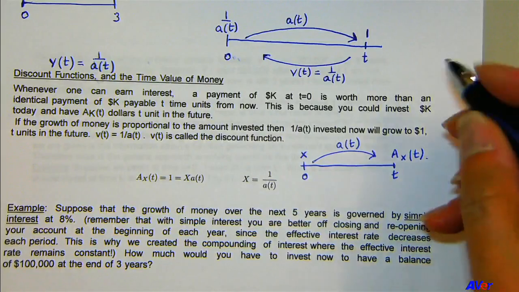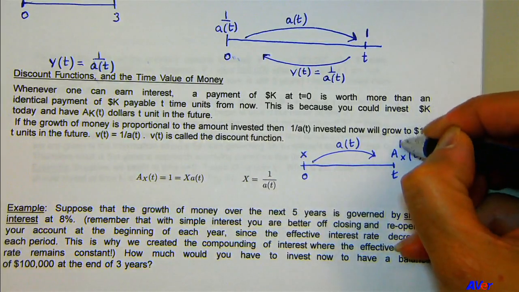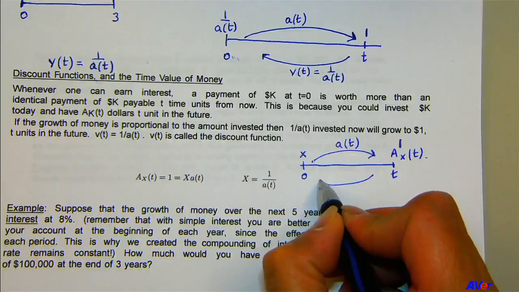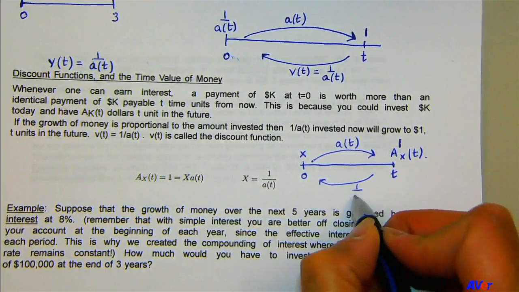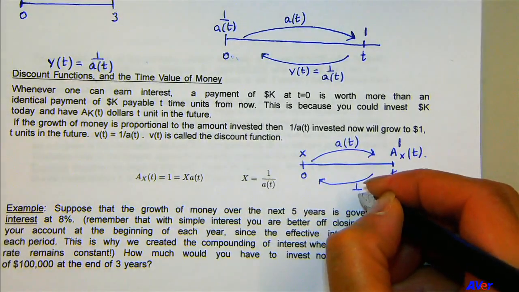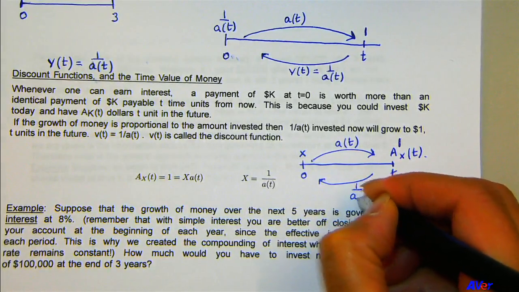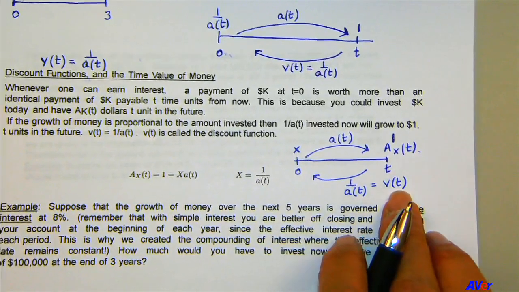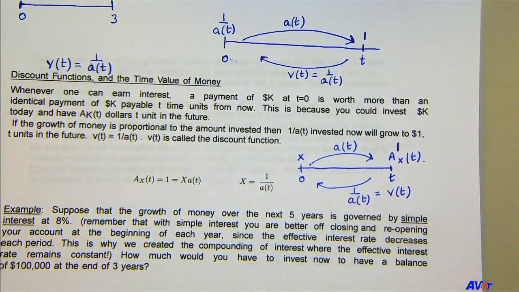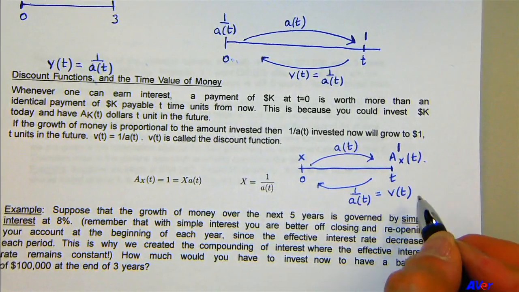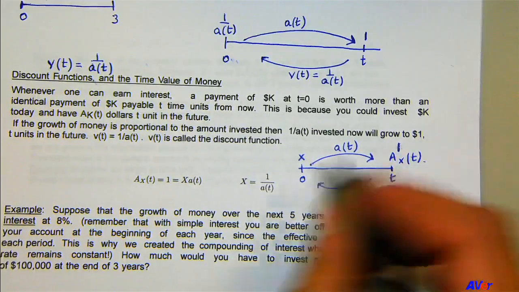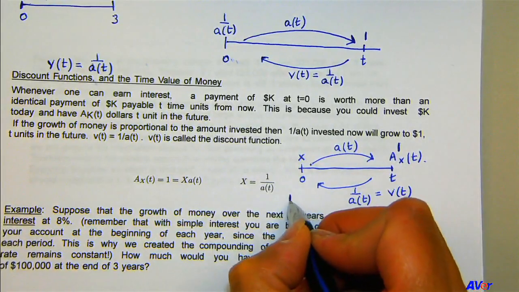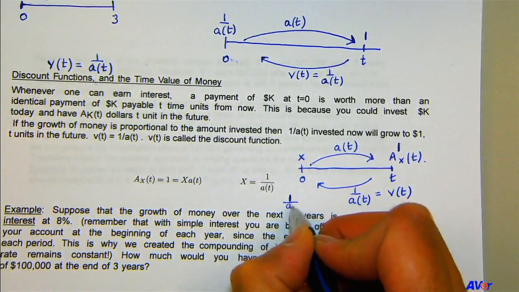So if we set that amount equal to 1, then this x would be multiplied by 1 v of t, which is 1 over a of t. I'm applying a function v of t to it, which is the reciprocal of a of t. So if I have 1 at time t, I would have 1 v of t right now, or 1 over a of t right now.